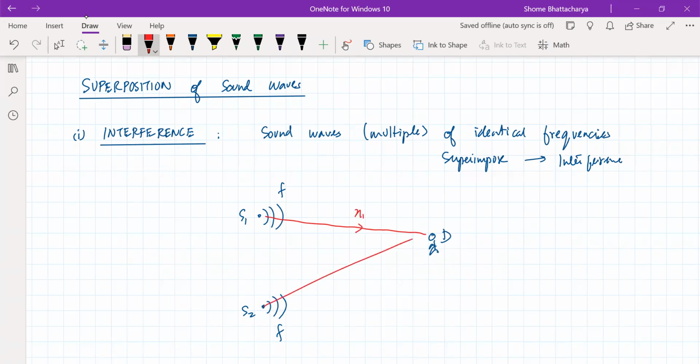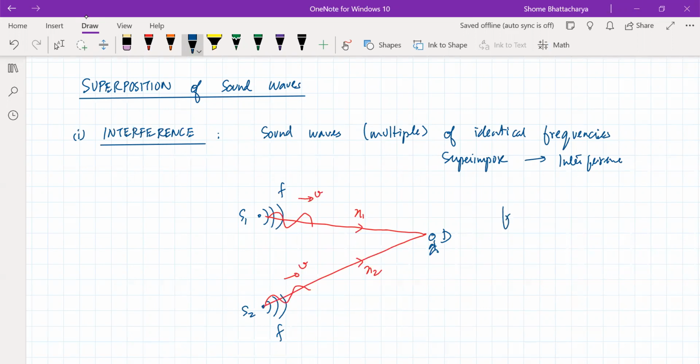The waves reaching from this source are traveling a distance x2. But as long as they have same frequency, they'll have same wavelength also, because V is same. So now we always represent sound in terms of pressure, because that is the way the neurosensory perception of sound also happens. It's always in terms of pressure. It's easier to understand how the phenomena of sound works.